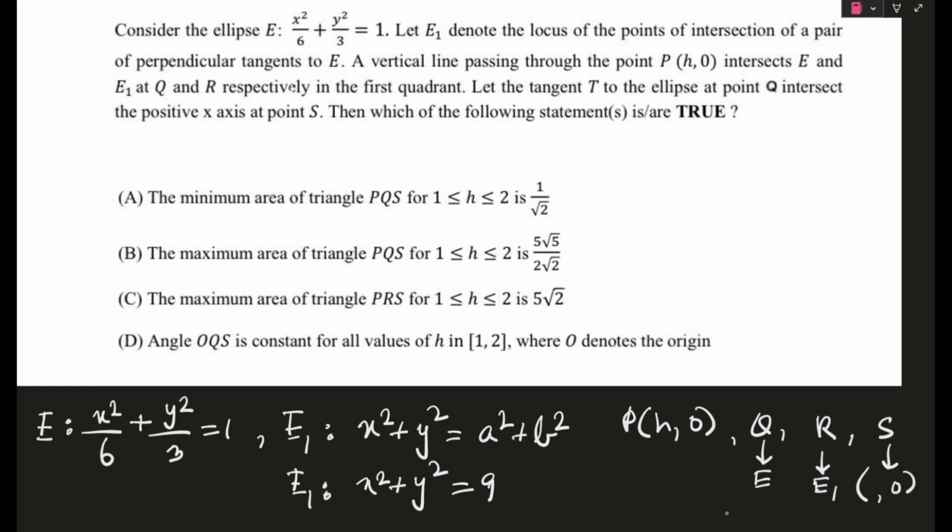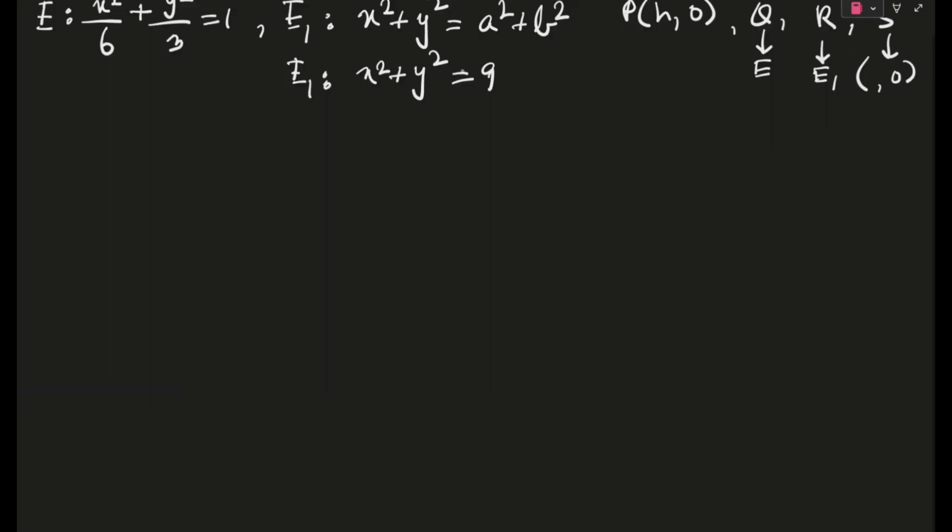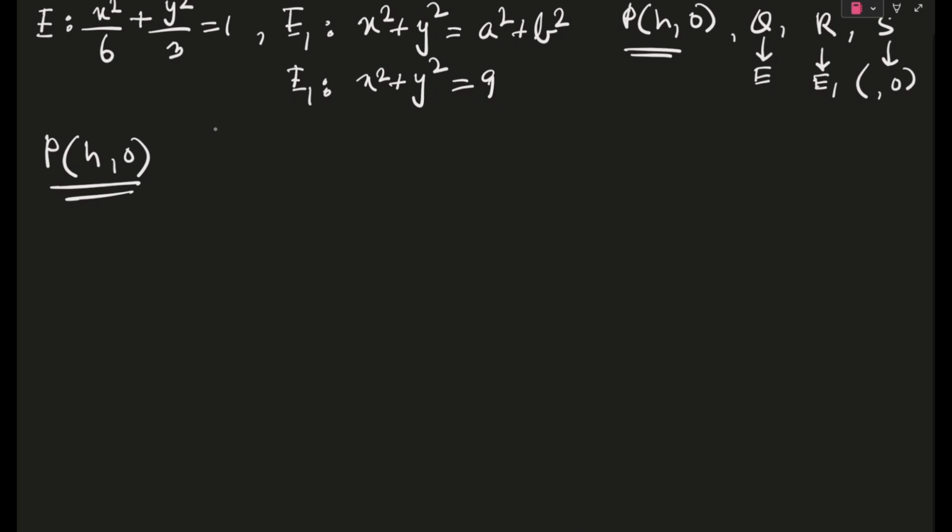Okay guys, I am changing the page now and I will solve this. First thing is, because P is given to be h comma 0, P is your (h, 0). Because Q is also lying on E, and the question says a vertical line through P is intersecting this ellipse at Q, h is actually constant, so we can solve.